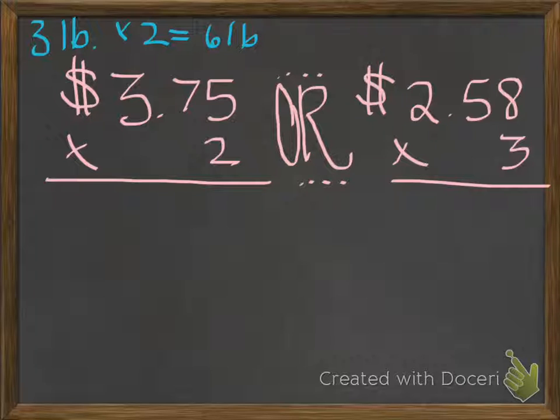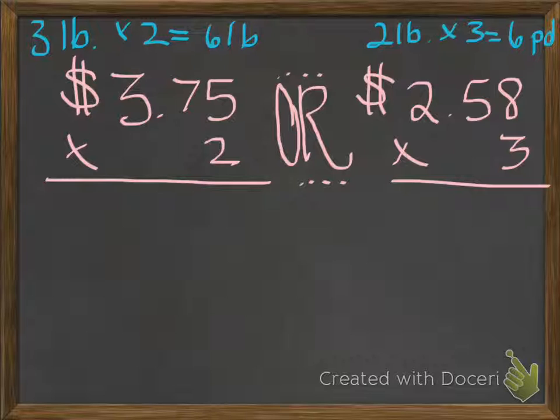Or you can get the 2-pound bag, which costs $2.58, and you can get 3 of those. And that's going to equal 6 pounds. But you want to get whichever combination is going to be the least. So you got to multiply and compare. It doesn't tell you in the problem that this is how you're going to figure it out. This is that missing step.